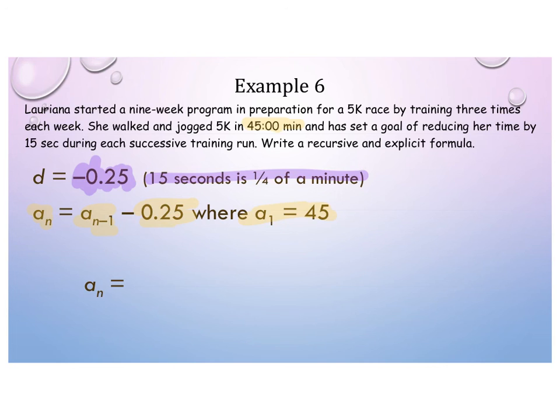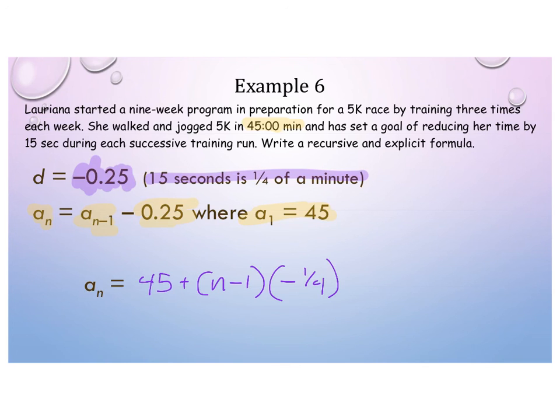On the other hand, a sub n in an explicit formula is going to be our first term, which was 45, plus n minus 1 times our common difference, which is negative 1/4 or 0.25.